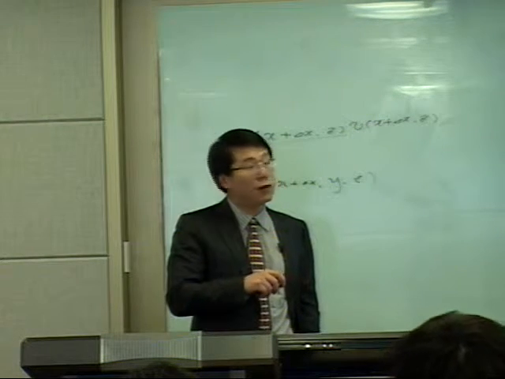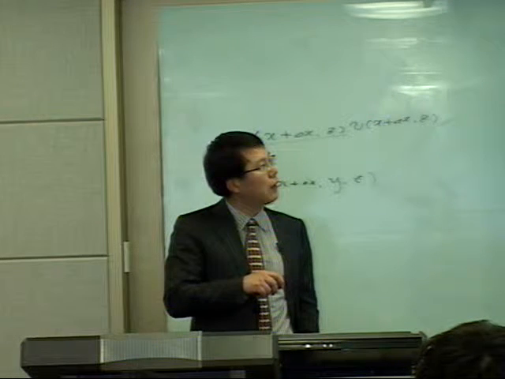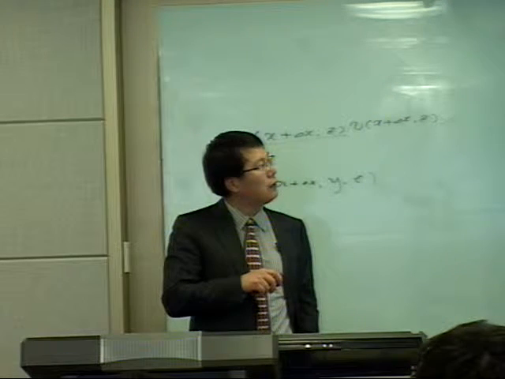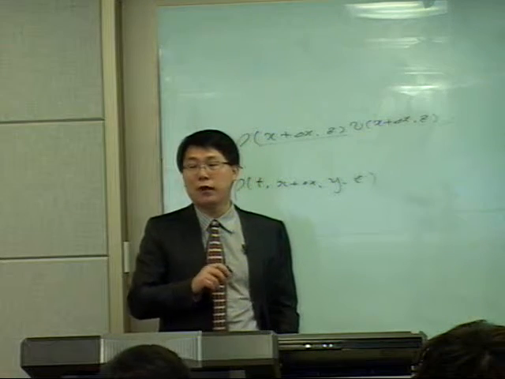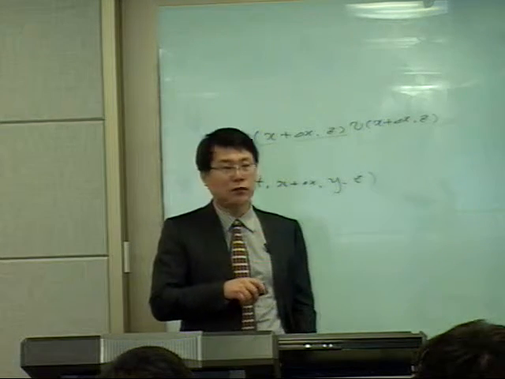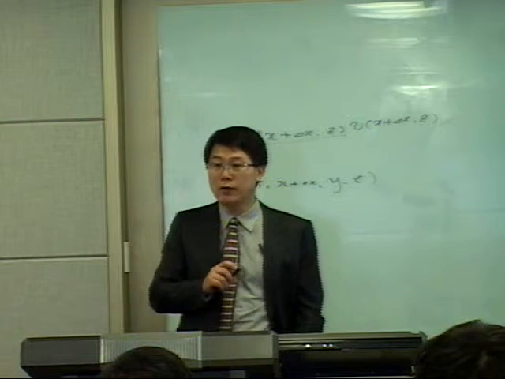This is the first form, and this term can be written as the divergence of rho v, the dot product of del and rho v.